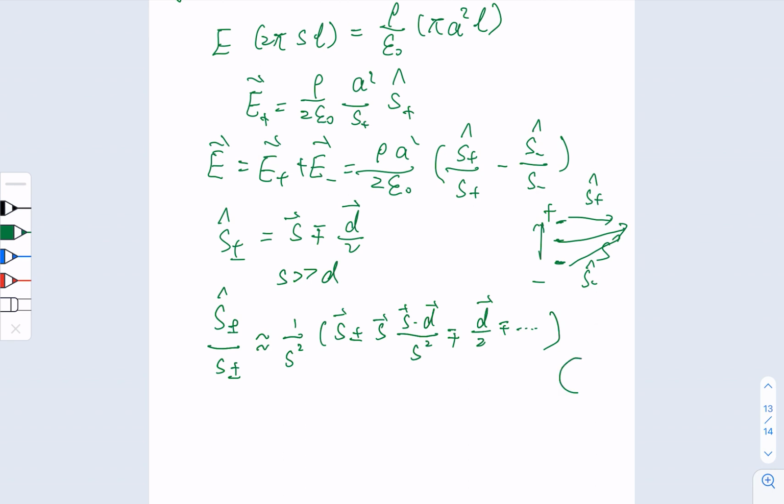Remember that even though we are separating these two cylinders, what we really need in the end is to take the d goes to zero limit. So even though this is an expansion, after the limit we will get some exact results.